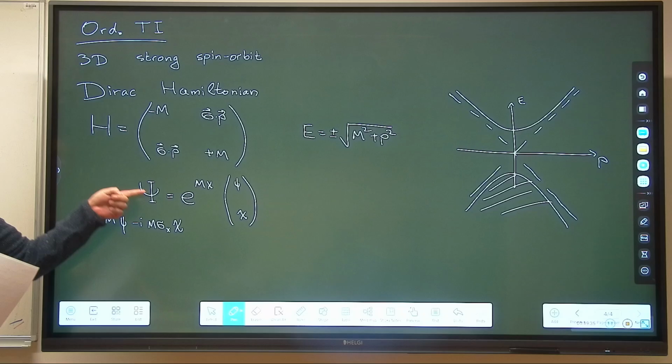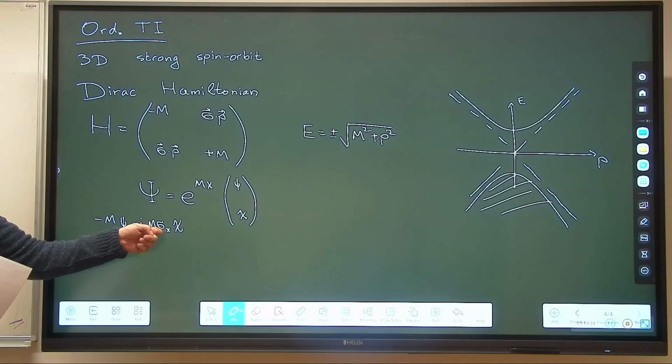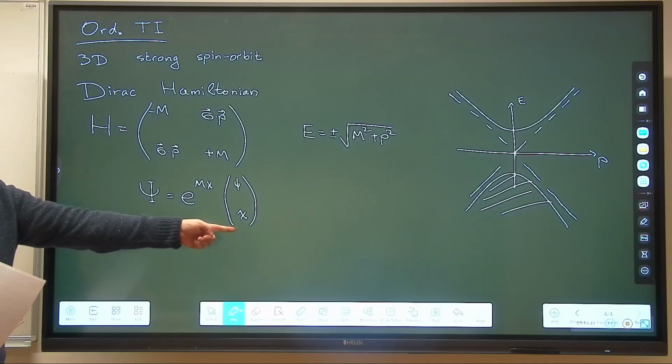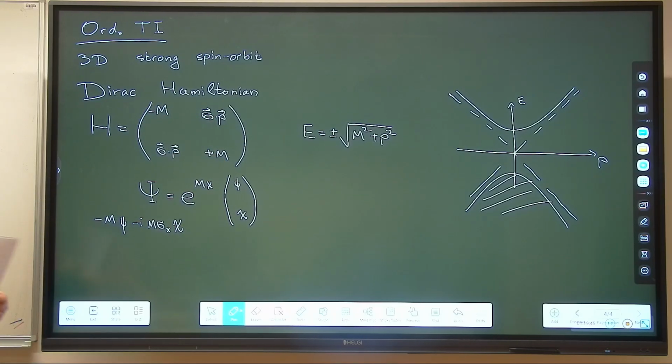Minus i m is the result of acting by px, then I multiply by sigma x, and this matrix acts on chi because this is the first row times this column.